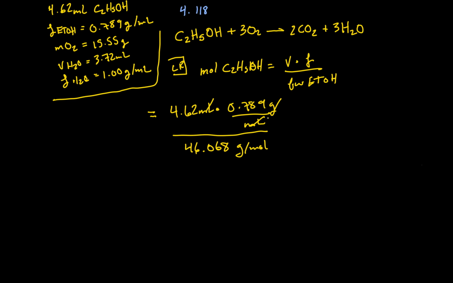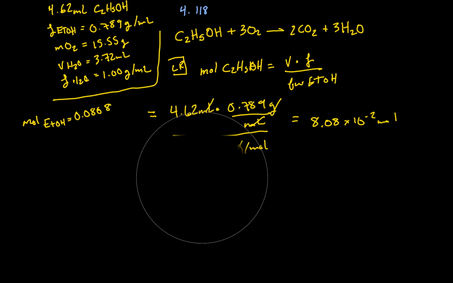That takes up the grams, and we're left with moles, exactly what we want. 8.08 times 10 to the negative 2 moles. So moles of ethanol equals 0.0808. One down.